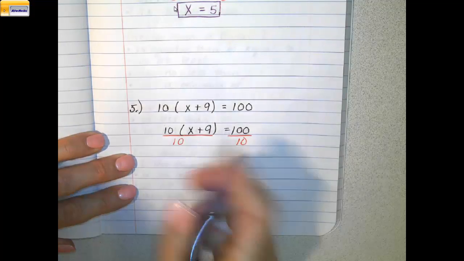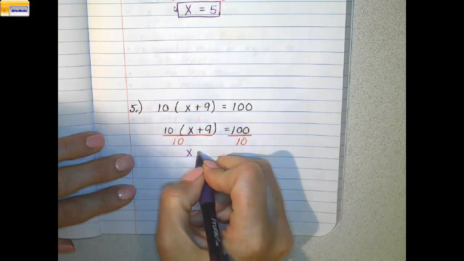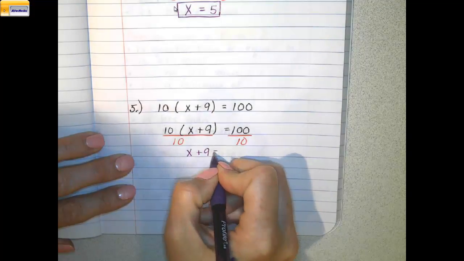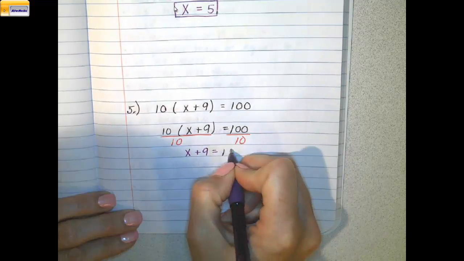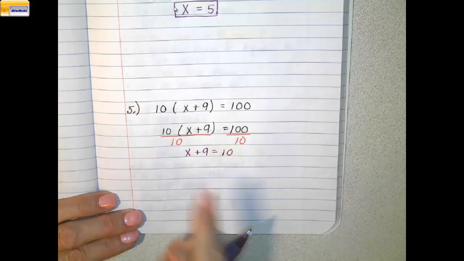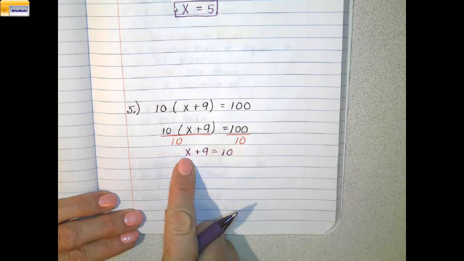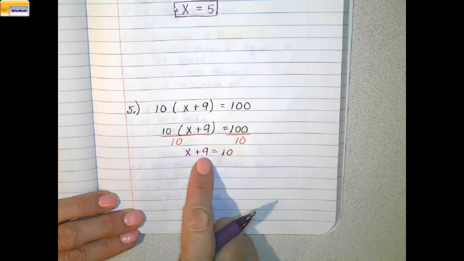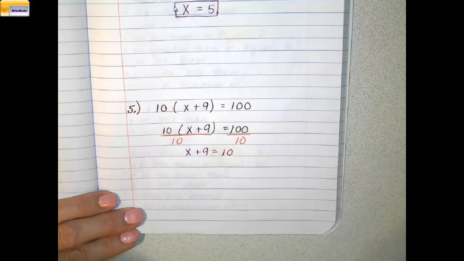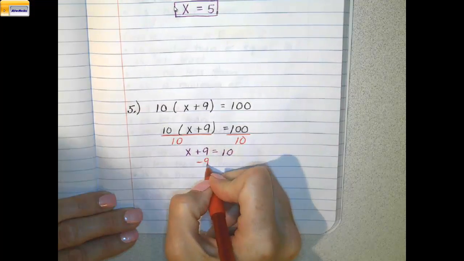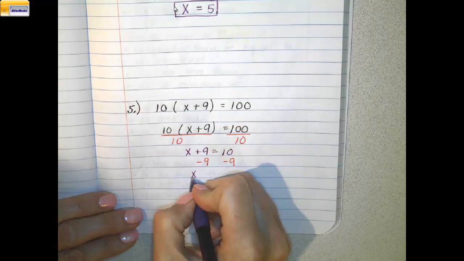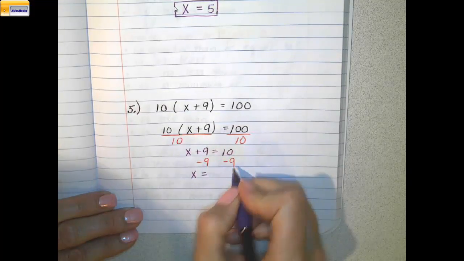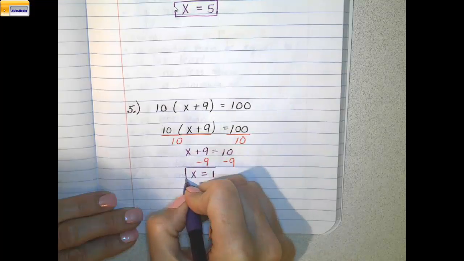That gives me, on the left side, x plus 9, and on the right side, I have 100 divided by 10 is 10. Now I simply need to isolate the x by getting rid of plus 9. The inverse of add 9 is subtract 9, so I have to do that to both sides, and I get the solution that x is equal to 10 minus 9 is 1.